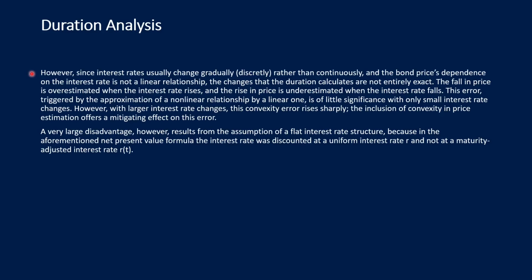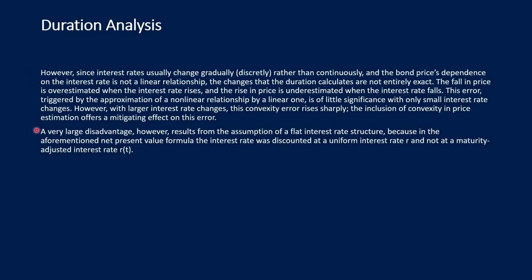This error is triggered by the approximation of a nonlinear relationship by a linear one. It is of little significance with only small interest rate changes. However, with large interest rate changes, this convexity error rises sharply. The inclusion of convexity in price estimation offers a mitigating effect on this error.